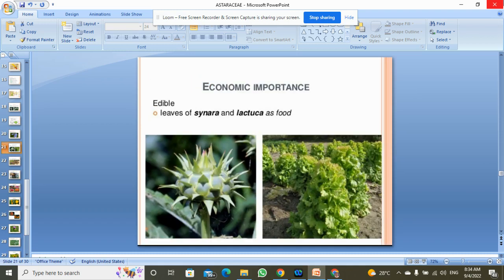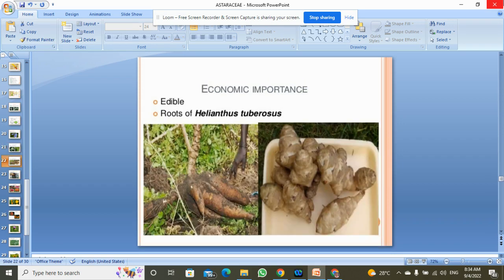Then edible ones: cineraria and Lactuca. Lactuca is a leafy vegetable that you can see in the second photograph. The next edible one is Helianthus tuberosus. Even the tubers, the storage roots of Helianthus tuberosus, are also edible.